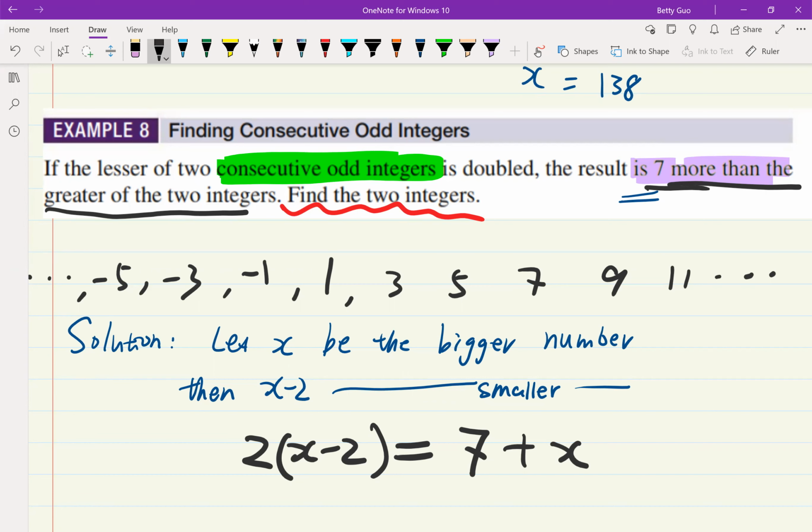That means 11 is the bigger one. That is true, right? And then minus 2. Distribute. When you need to distribute.